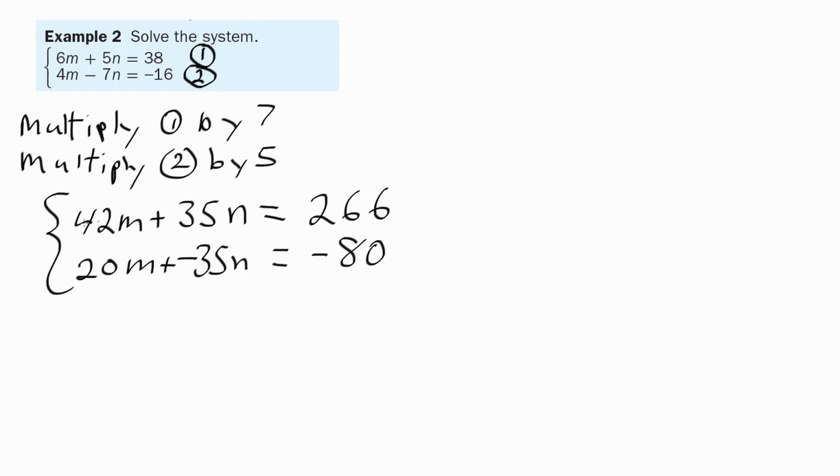Okay, I'm going to add the two equations together. Get 62m plus 0 equals, let's see, 266 minus 80 equals 186.